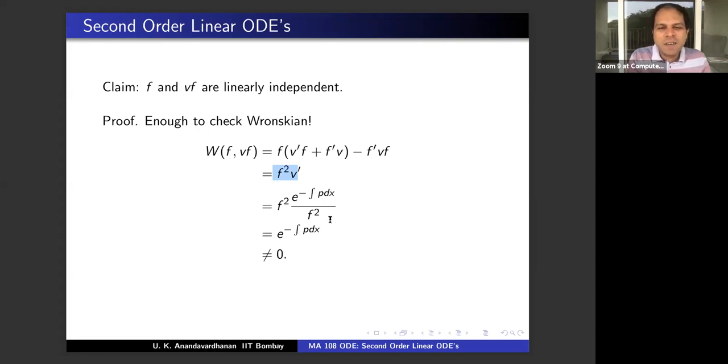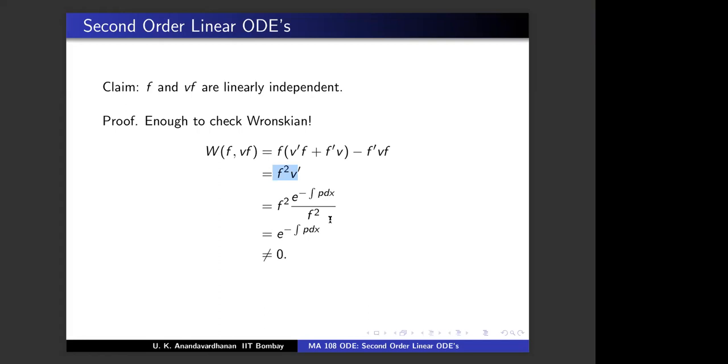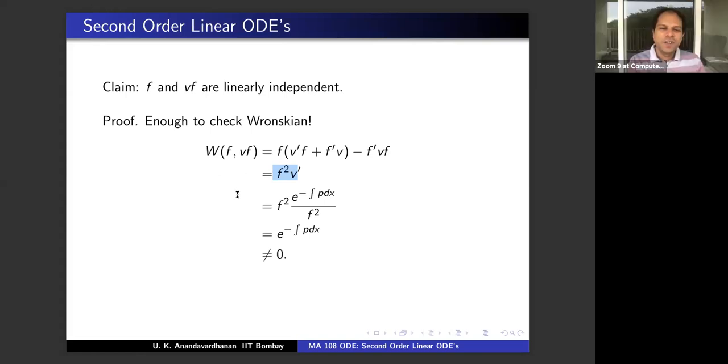But exponential is never zero, right? So you have concluded that the Wronskian is never zero. So you have shown that f and vf are linearly independent. Good method, no? If you somehow know one f, then you can find one more solution so that they are linearly independent.